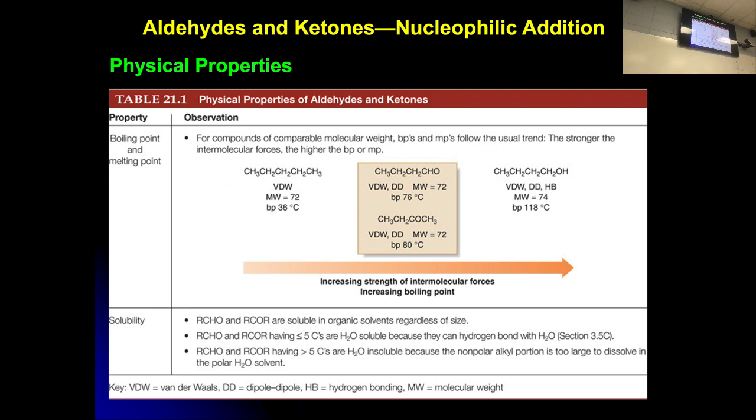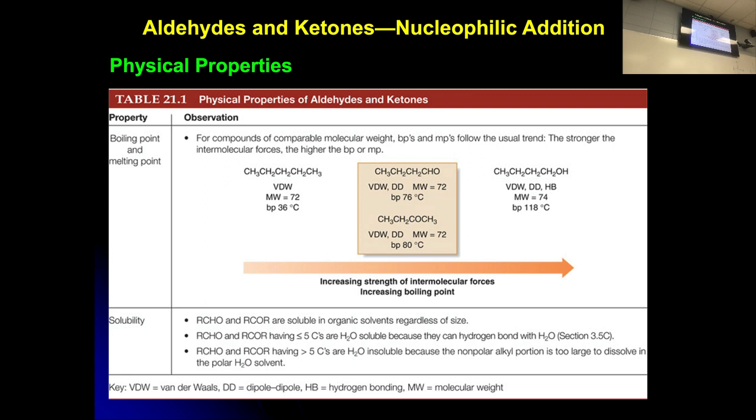Some of the physical properties that you'll see with aldehydes and ketones. So here we've got an example of looking at both, right? You'll see that aldehydes are going to be somewhere between, in terms of boiling point, your alkane and your alcohol. The aldehydes and ketones can form van der Waals interactions.